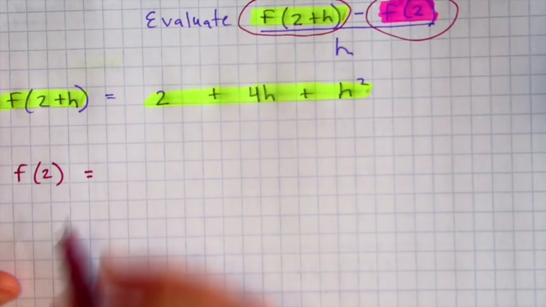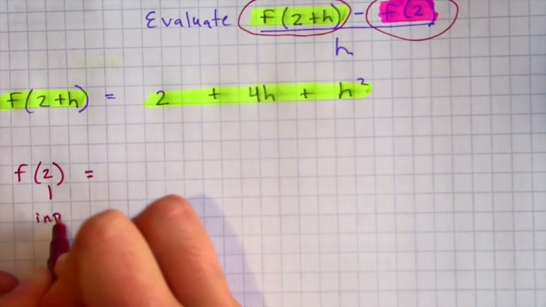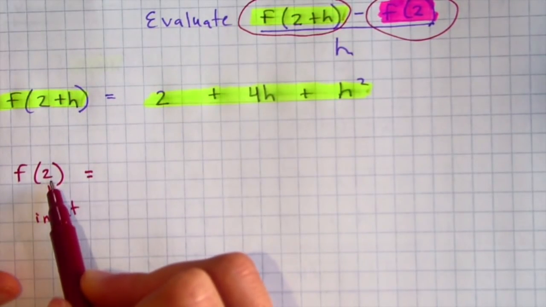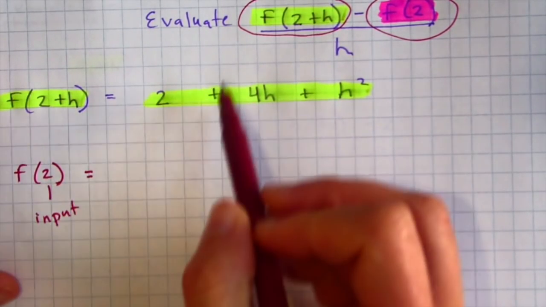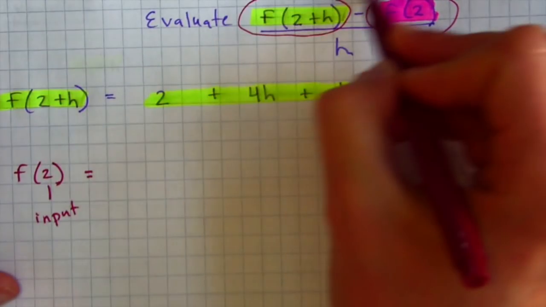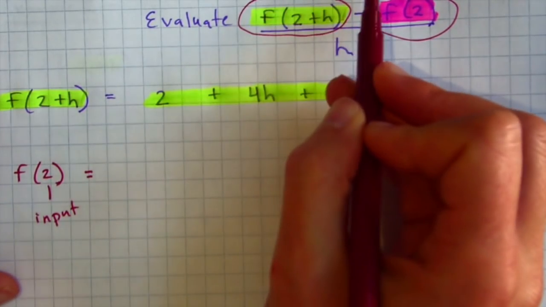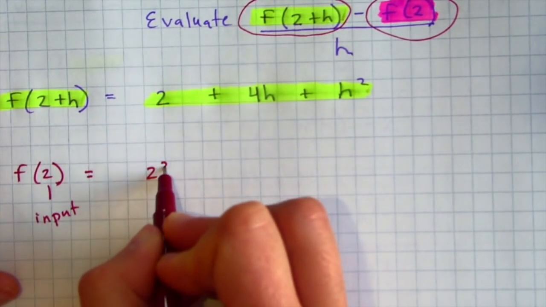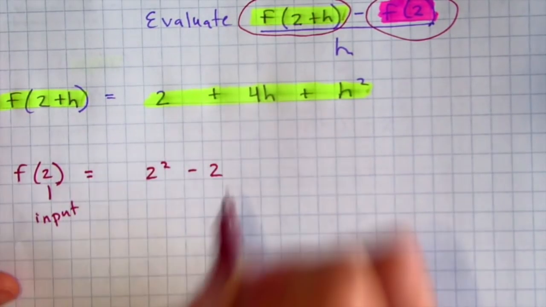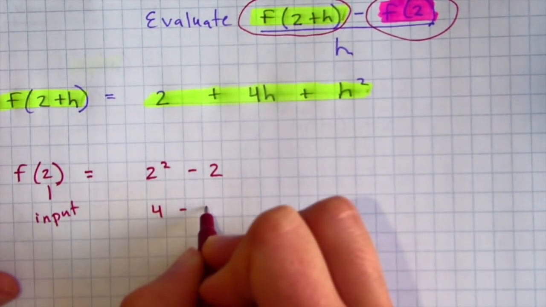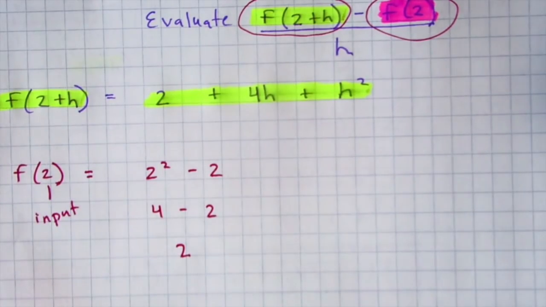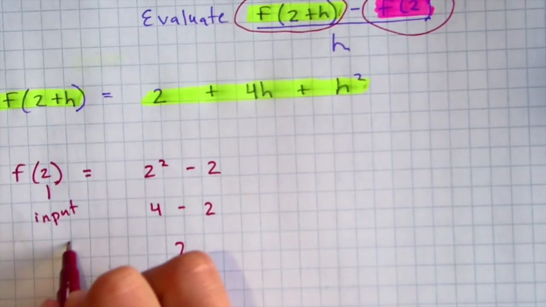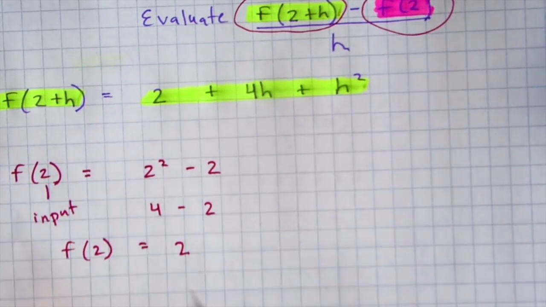Well, 2 is my input, so it's what I'm going to plug in for x into my function, which I'm given up here. So f of x equals x squared minus 2, f of 2 equals 2 squared minus 2, 4 minus 2 is 2. So my final answer here, f of 2 is equal to 2.